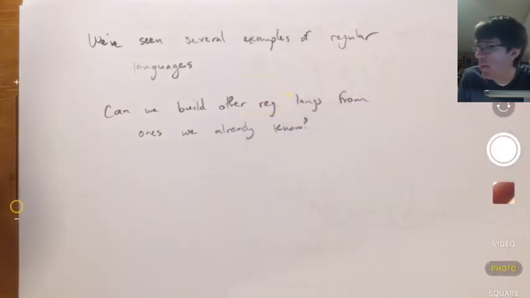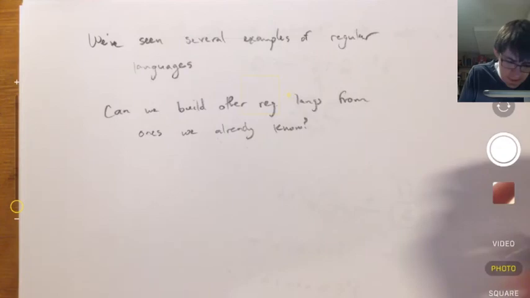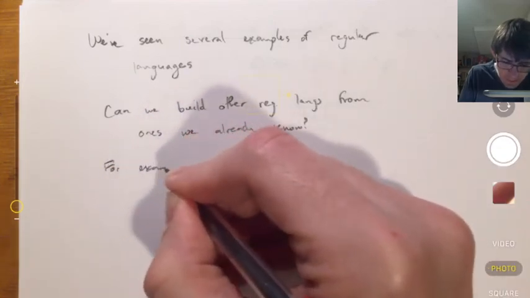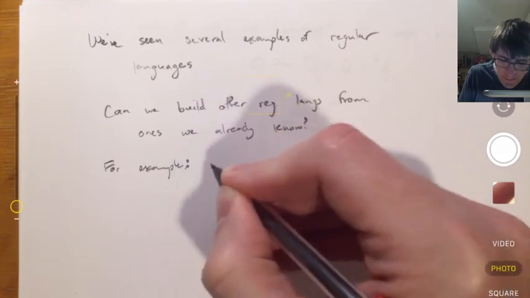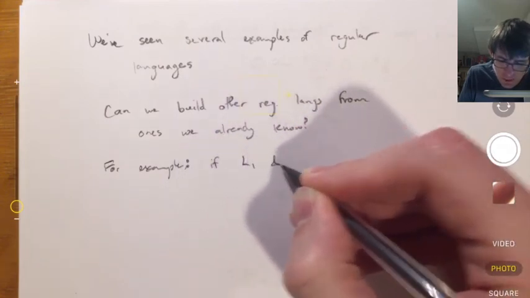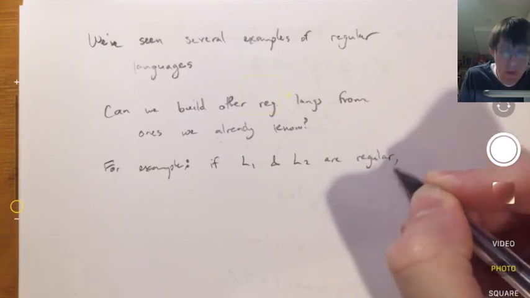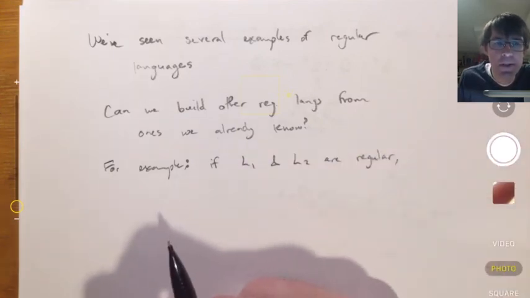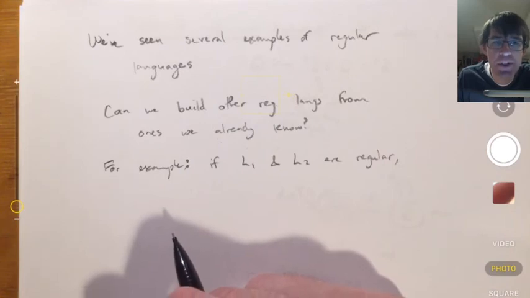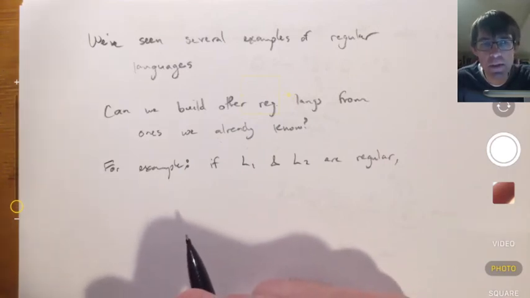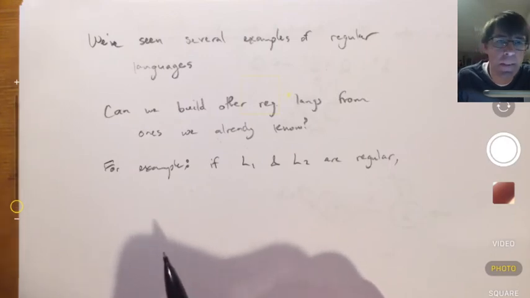For example, if L1 and L2 are regular, remember, a language is just a set of strings, and a regular language is a set of strings which are accepted by some DFA.